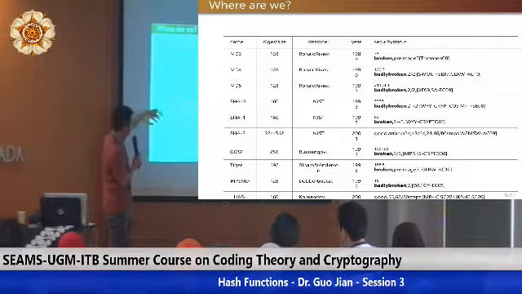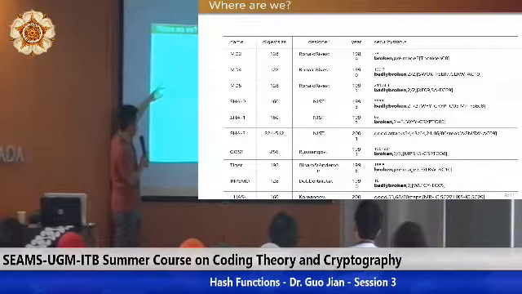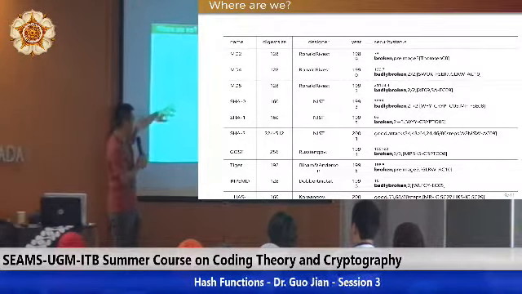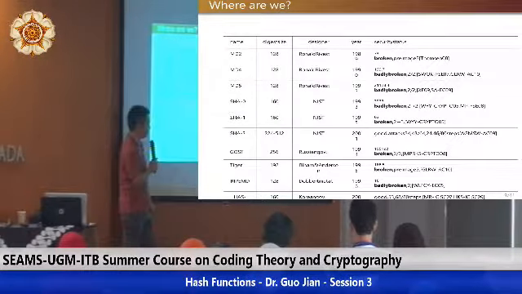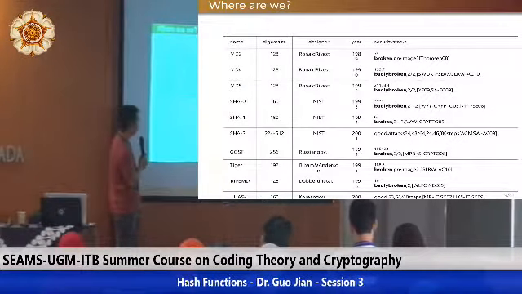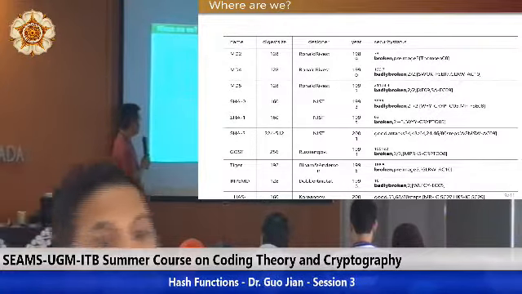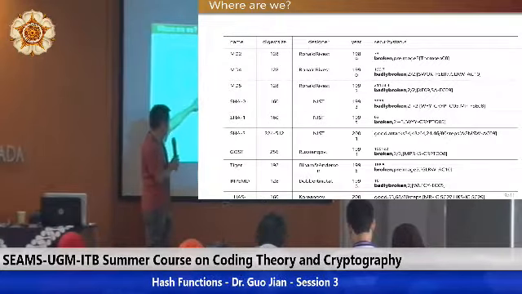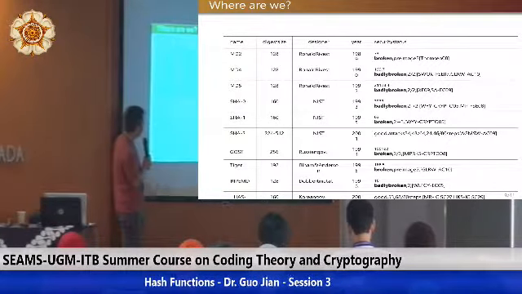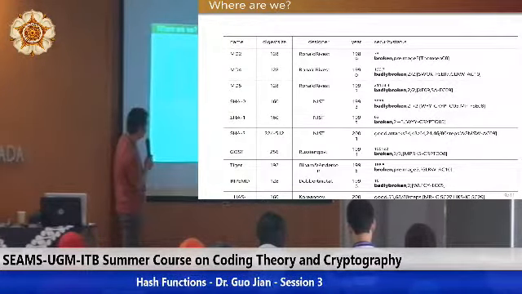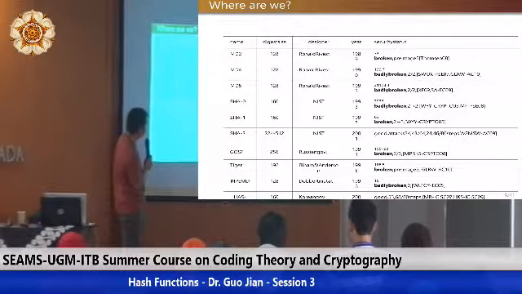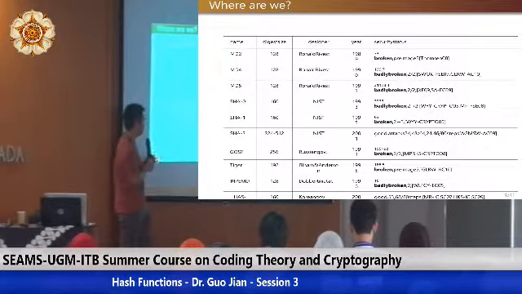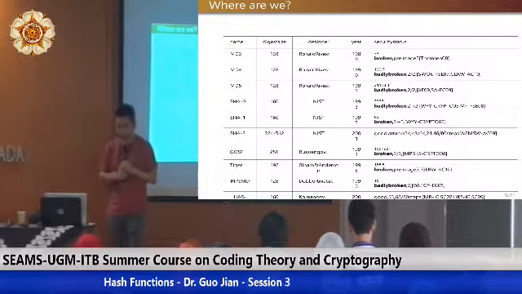For many other standards, GOST is the Russian standard. Tiger was designed by two famous Israeli cryptographers. RIPEMD was also designed by a famous team. And HAS-160 is a Korean government standard. Mostly they are broken, except SHA-2 and HAS-160.